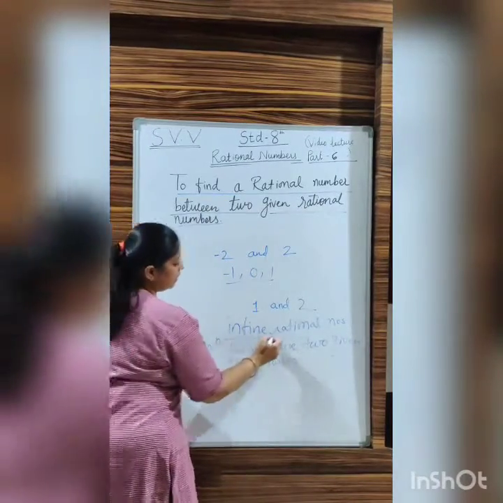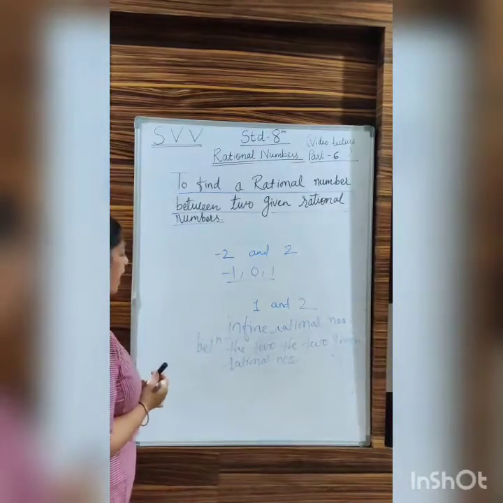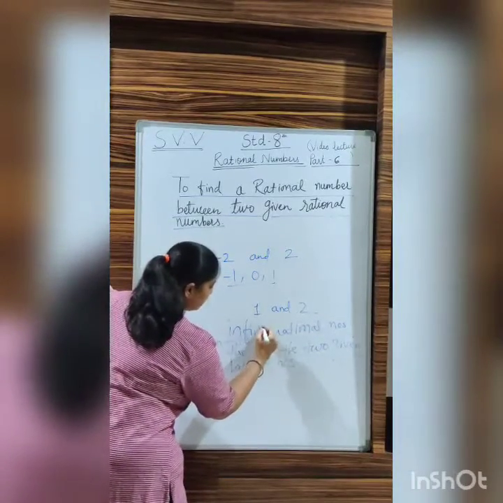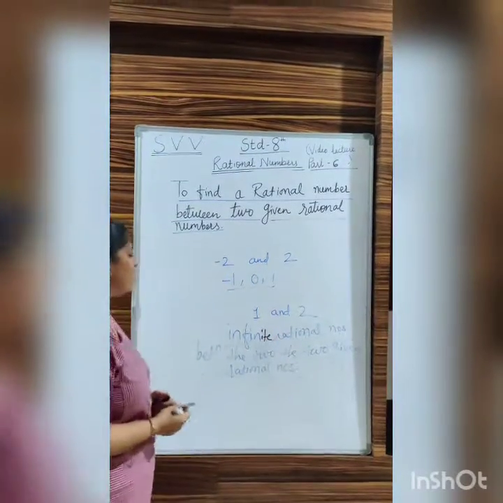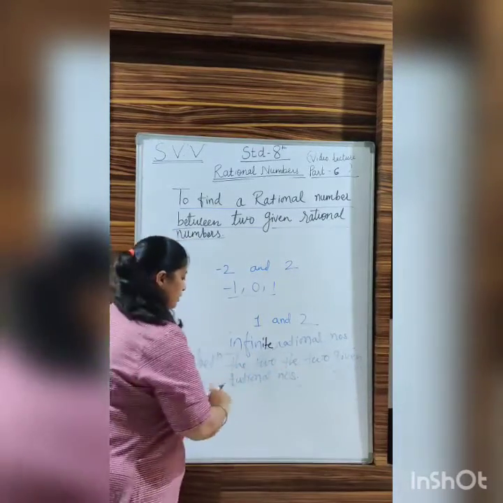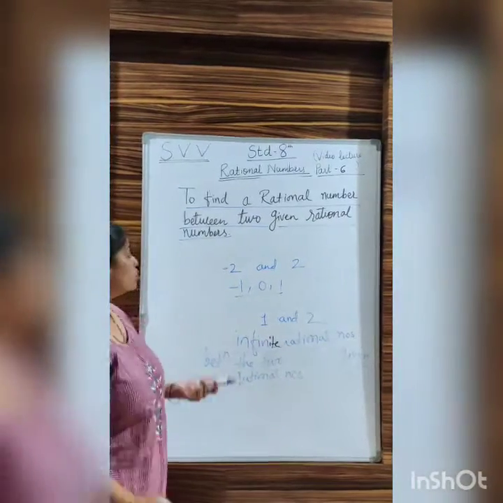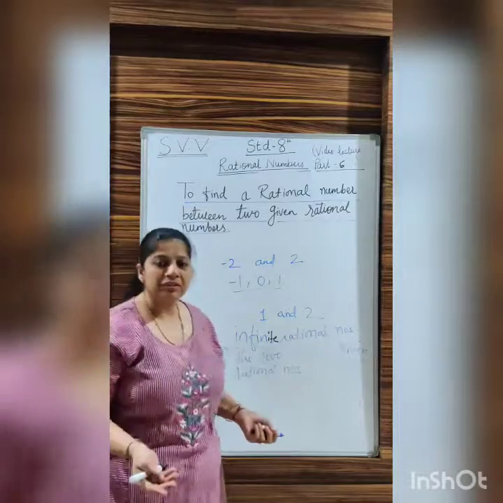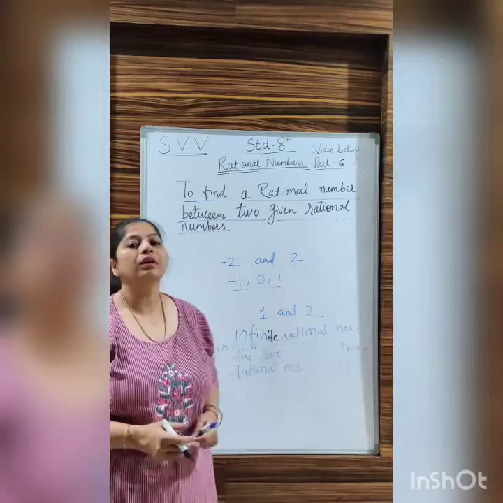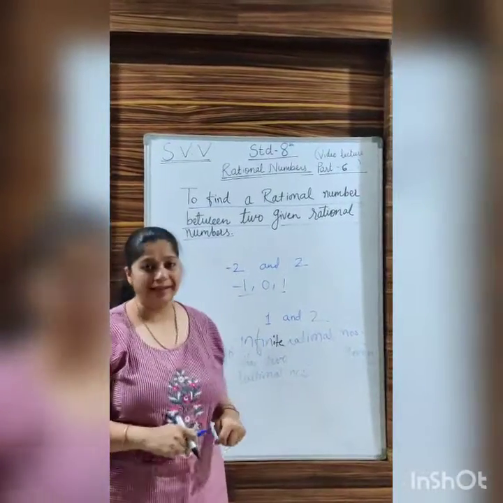So keep this in your mind, already learned in 7th standard, that there are infinite rational numbers between two given rational numbers. So we can find 10 rational numbers, 100 rational numbers, 1000 rational numbers between two given rational numbers. Now the question arises: how to find them?